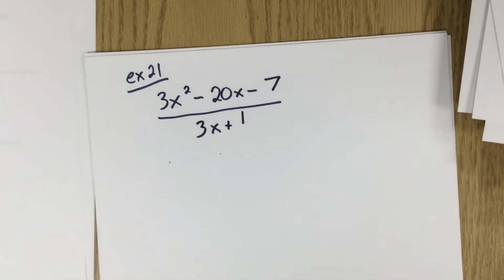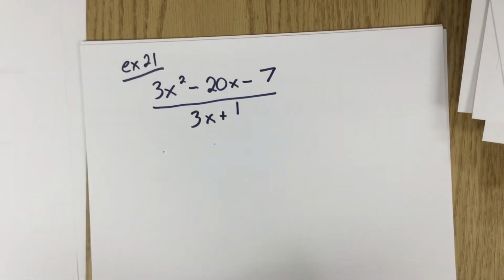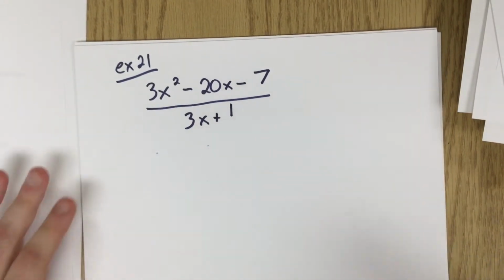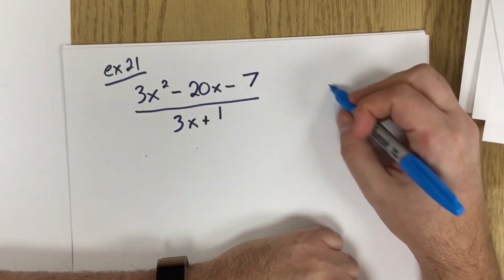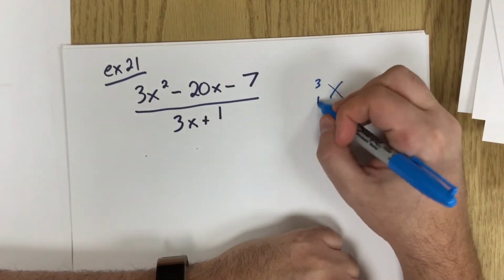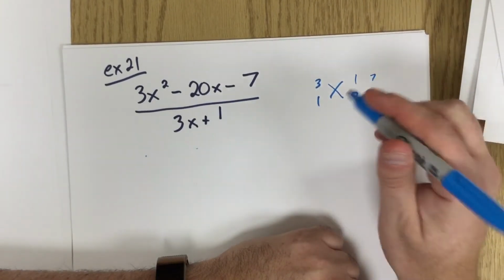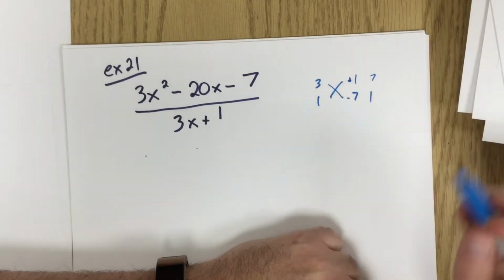Okay. Now this one's even more complicated. So we're going to have to factor that top thing, and you may have learned different ways of factoring it. I am going to factor it in my way, but you may have learned a different way. So it's going to be minus 7 plus 1.